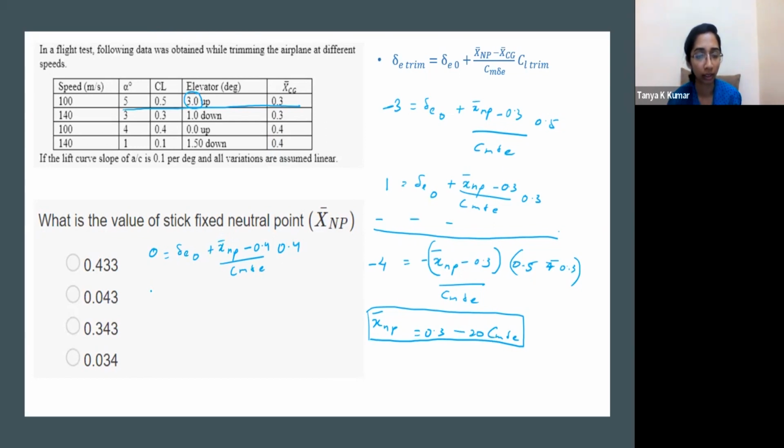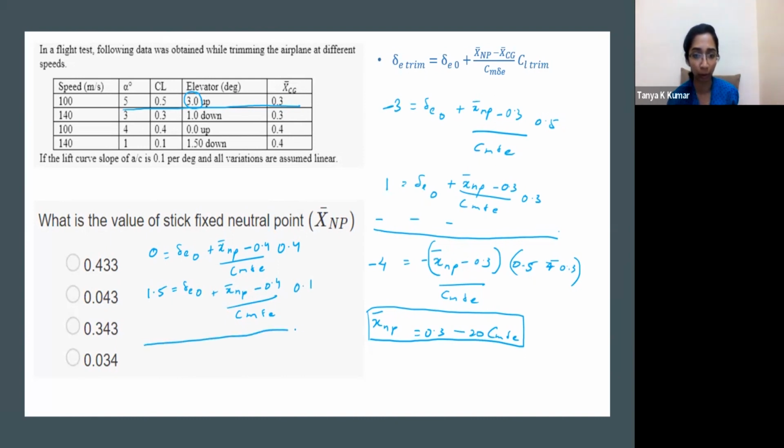Then it's 1.5 down, so that is positive, equals delta E naught plus X bar NP minus 0.4, times CM delta E, into 0.1.